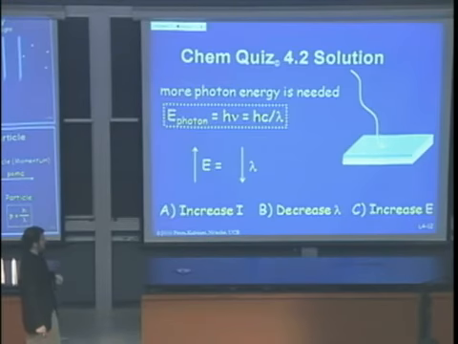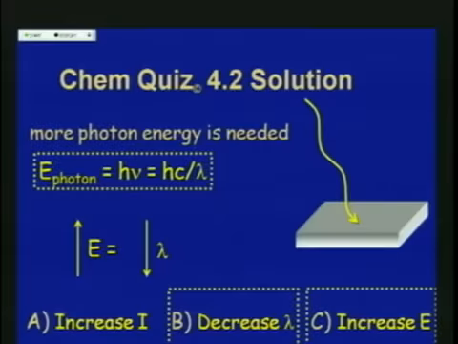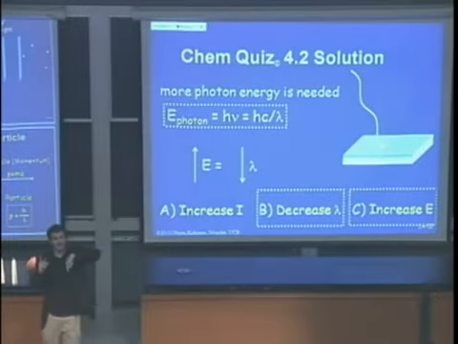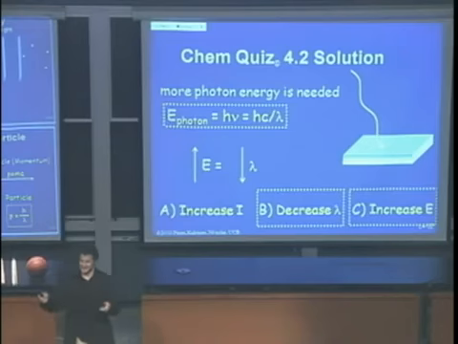So we got to increase energy, right? So it's C. Or B. Ha ha! Chumps! Gotcha. They're both right. So B and C are both correct, right? Stick with me. I still got 8 minutes. We see that energy and wavelength are inversely related.